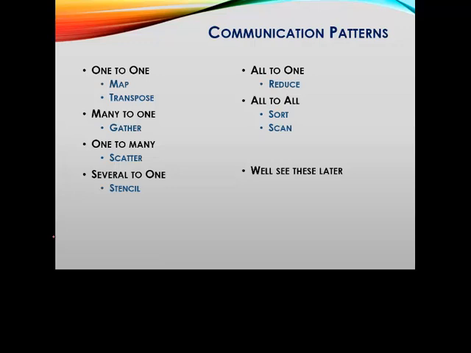So to categorize these patterns of communication, we have a bunch of data as the input, and from that input, we're interested in creating some form of an output. We may end up with a relationship between the input and output data that is a one-to-one relationship, meaning that for each element in the input, we want to create an element in the output.